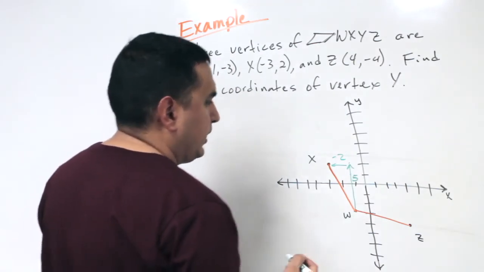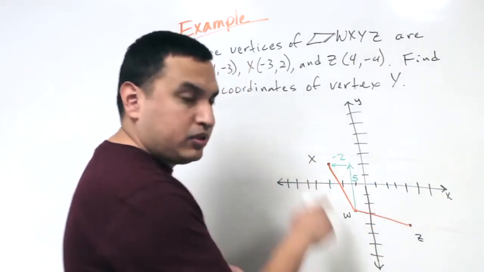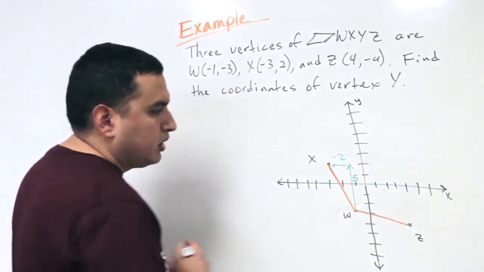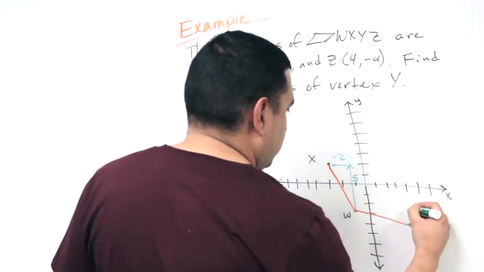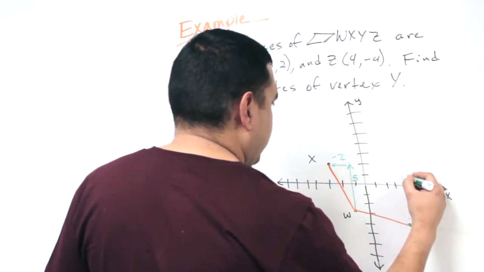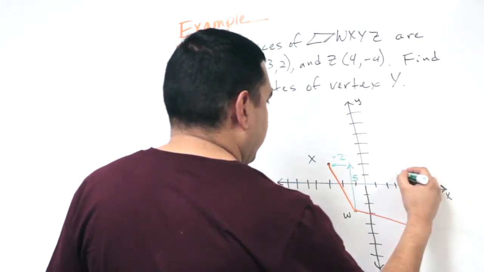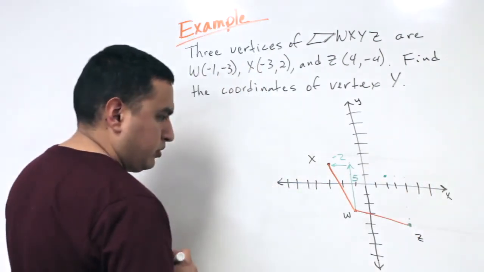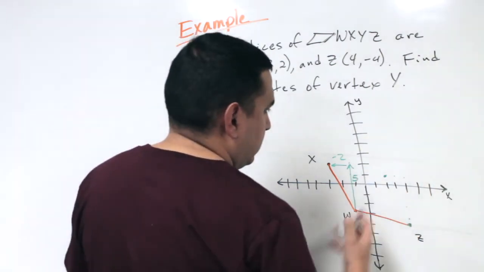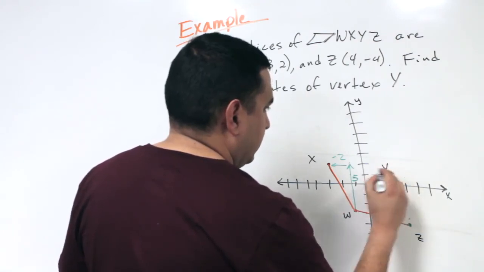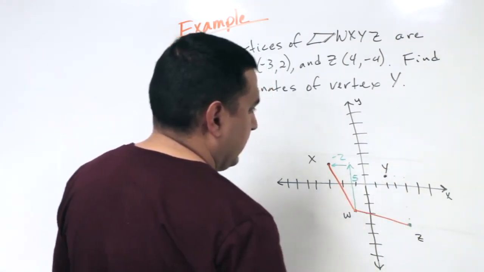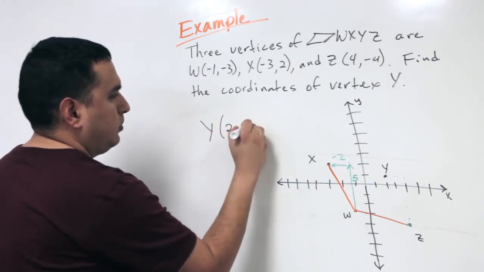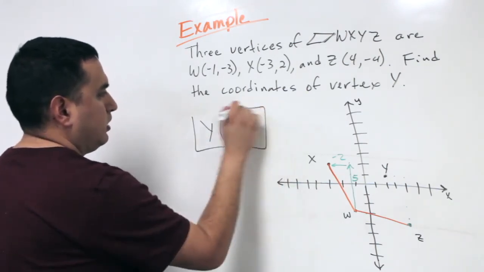So to find Y, I'm going to do that same slope, but I'm going to do it from Z. So I would go up 1, 2, 3, 4, 5, and then go back 2, which would be there. This would be my point Y, which would be at 2, 1.